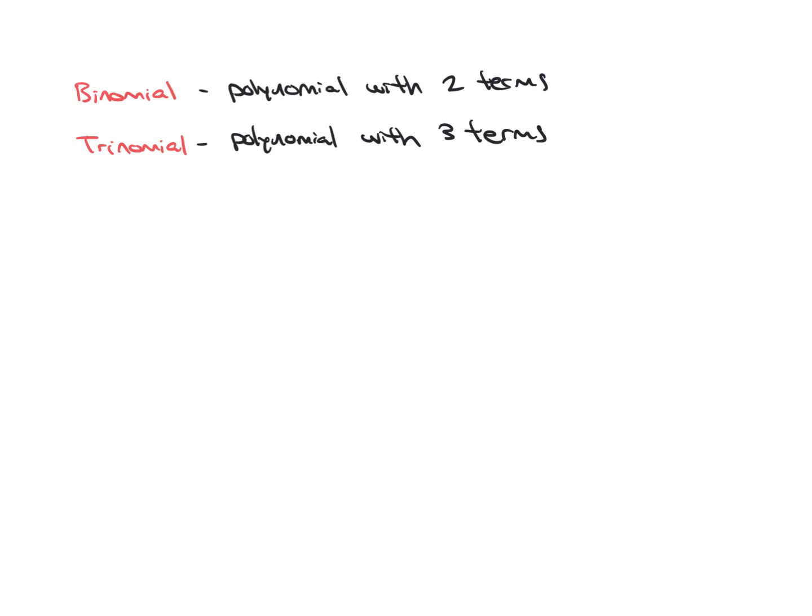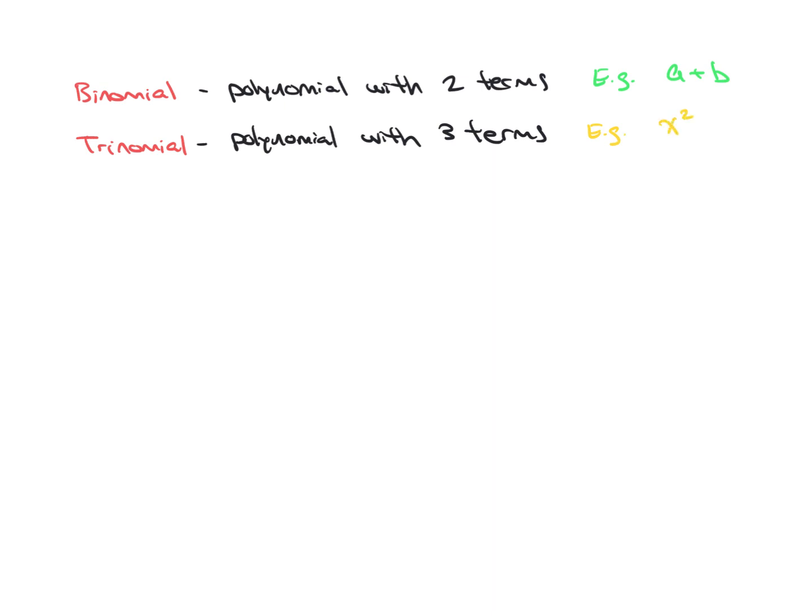So I'll give an example of each. An example of a binomial can just be a plus b. Simple as that. A is a monomial. B is a monomial. So there's 2 of them added together. That's called a binomial. And for a trinomial, I'll give you an example of what you might see a lot of next year in grade 10.